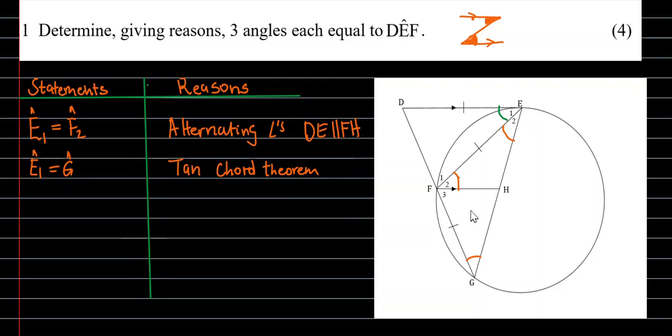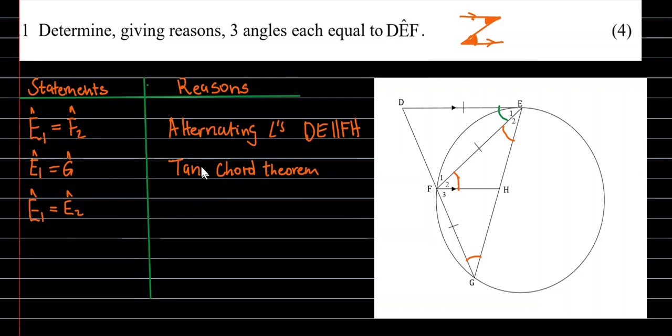EFG. Because of what? Because these two lines are equal. So angle E1 is equal to G, angle G is equal to E2, so E2 will be equal to E1, right? So I'll just say, okay, angle E1 is equal to angle E2.